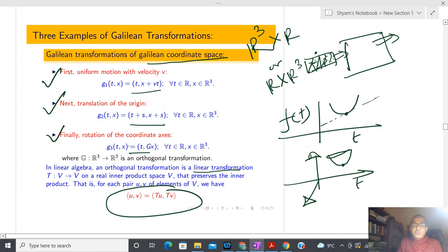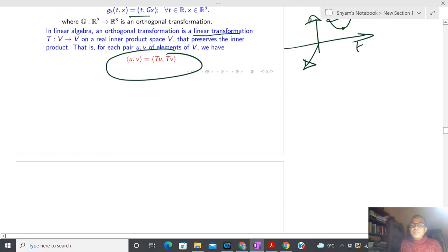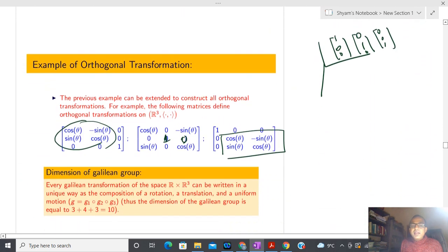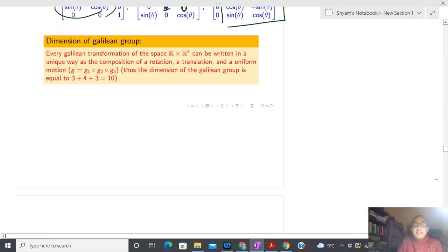So what I am going to do, I am going to apply the rotation, I am going to change the time also, so translation, and after that motion with uniform velocity. If you perform all these three operations, it is possible to show, and here you can see that the composition is rotation, translation, and uniform motion.